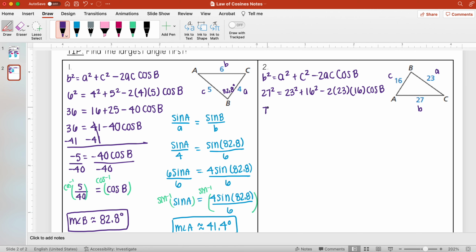27 squared is 729. And then 23 squared, I get 529. 16 squared, I get 256. Minus 2 times 23, which is 46, times 16, which is 736. 529 plus 256, I get 785.